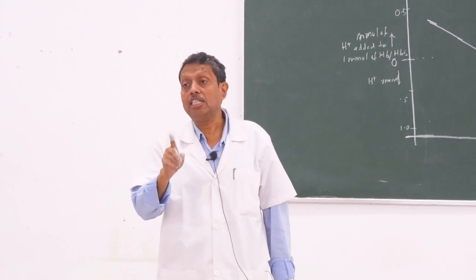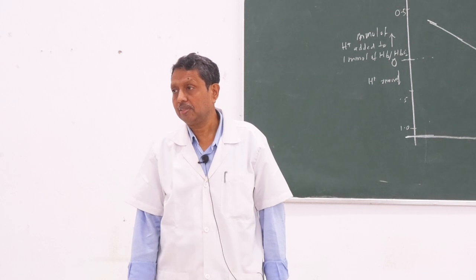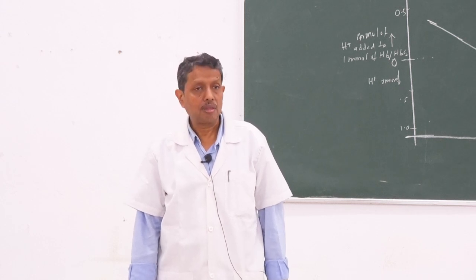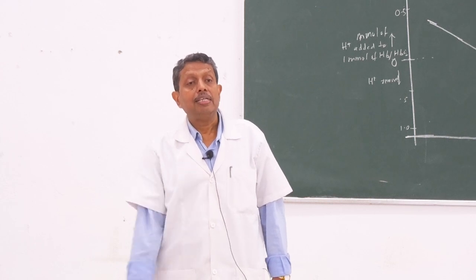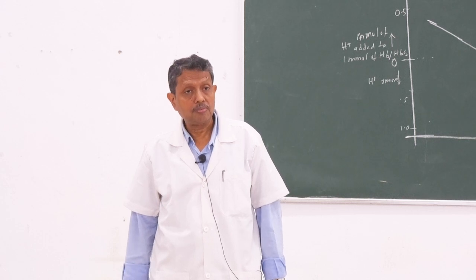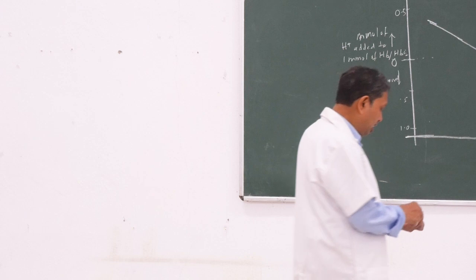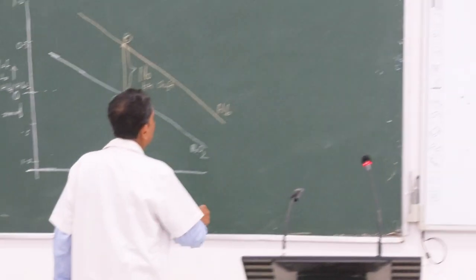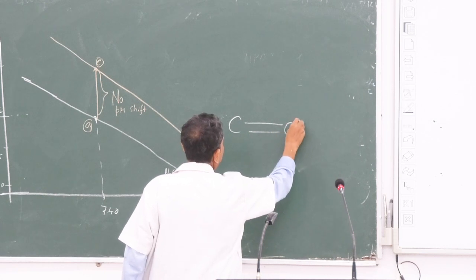Hemoglobin contains 38 histidine moieties, and for this reason it is a relatively potent buffer in comparison to the plasma proteins. In shorthand you can write it in this way.